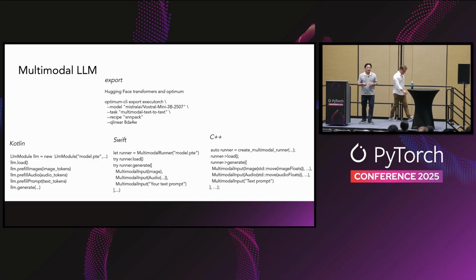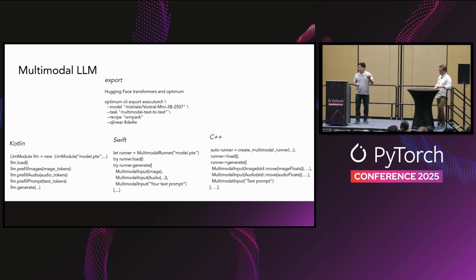So let's take an example of multimodality. If you think of multimodal, the architecture is relatively standardized now. There's the audio encoder or vision encoder, there's the projection layer, and maybe a decoder layer. And we are basically trying to standardize it along with the Hugging Face Transformers library and be able to export it to ExecuTorch in a very compatible way.